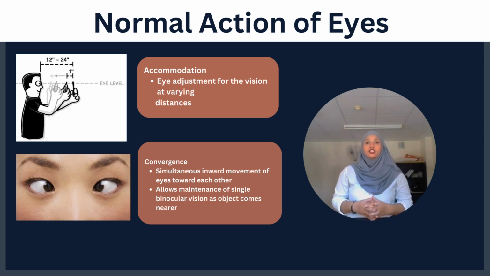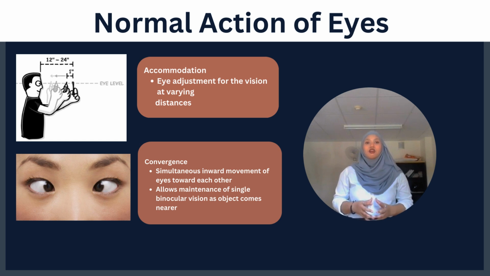As we age, the lens gradually loses its flexibility, making it harder to focus on near objects. This condition is known as presbyopia and is a common reason why people over 40 need reading glasses.